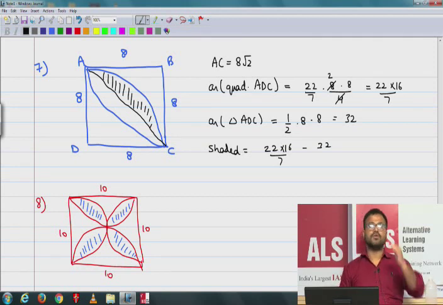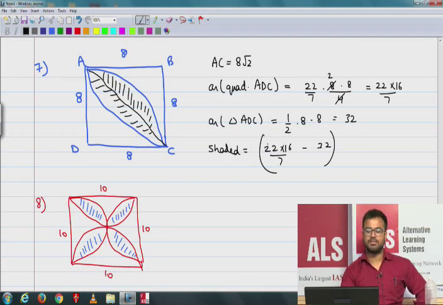Now if you double that one, that will be the complete shaded region, because this region is also the same method. By the same method we will get this one. So just double this one. So this thing multiplied by 2 will give you the complete answer. So just solve this one, you will get 256 by 7. That is the answer.